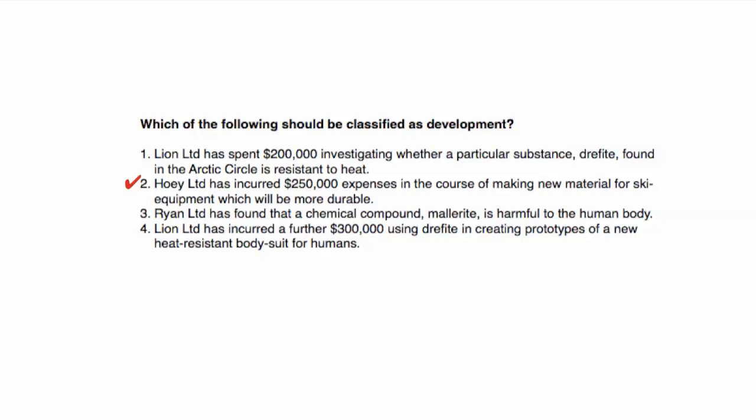Now they've found a use for it. That would be the development expenditure. So just be careful as to whether something is pure research or development. Research will always be expensed, whereas development, you can then go on and apply your criteria to see whether you're going to capitalize it.